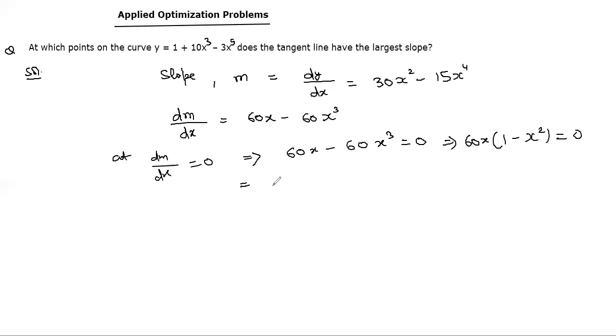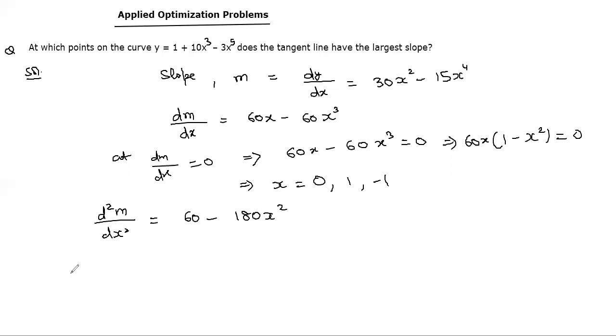So the points that we get are 0, 1 and negative 1. The second derivative of the slope is 60 minus 180x squared. Now if the second derivative is negative, the slope is maximum. If it is positive, it is minimum.